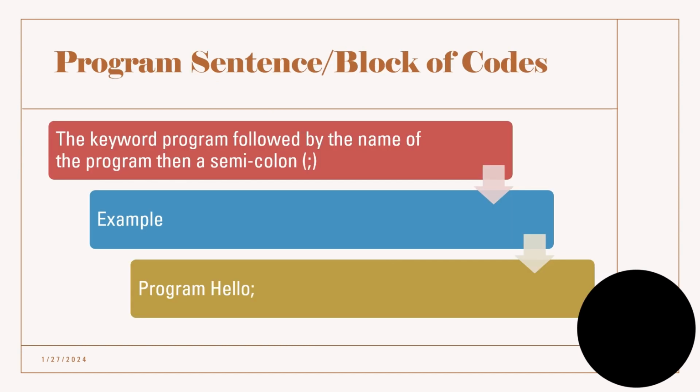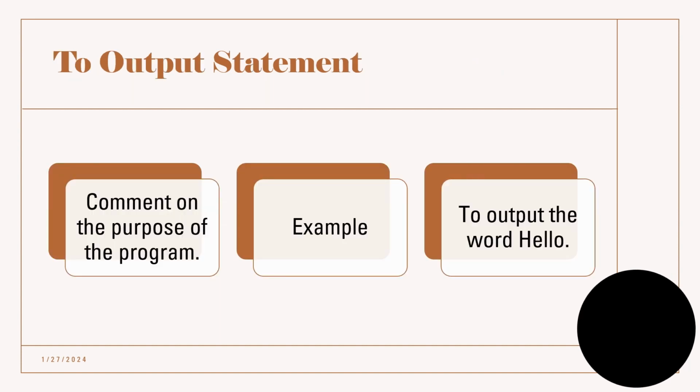So here we go. Your program sentence or your block of code is followed by a semicolon. The example shows the word hello followed by your semicolon, which means that you are finished writing that statement. Your output statement is whatever you want to be outputted to the screen. It will be produced on the computer screen once you have run the program.